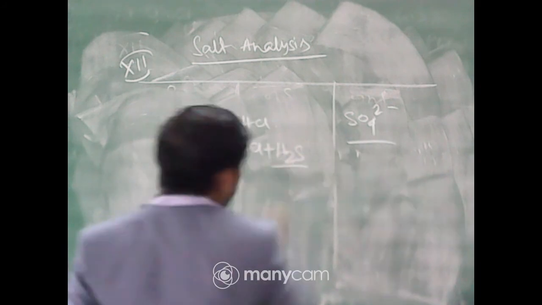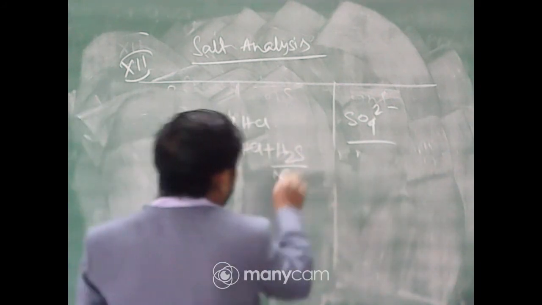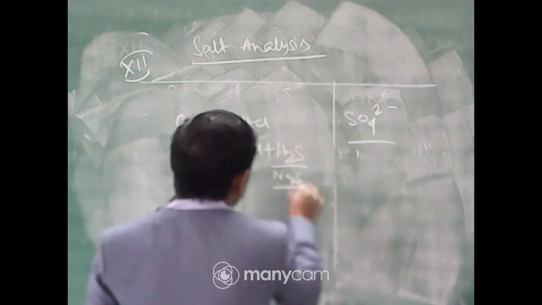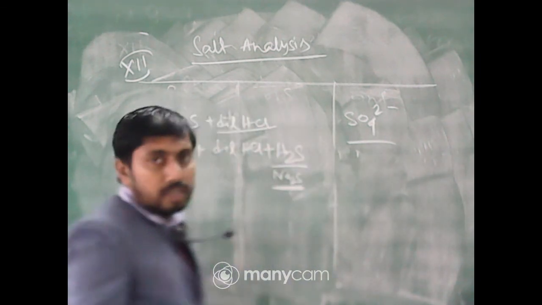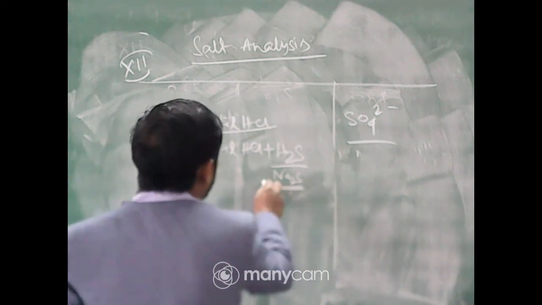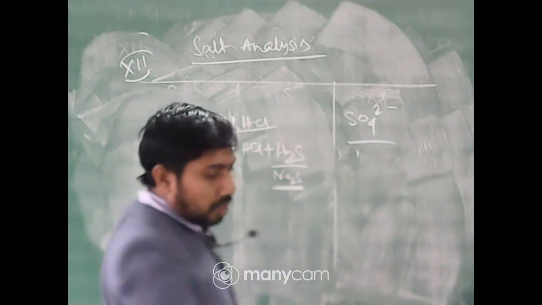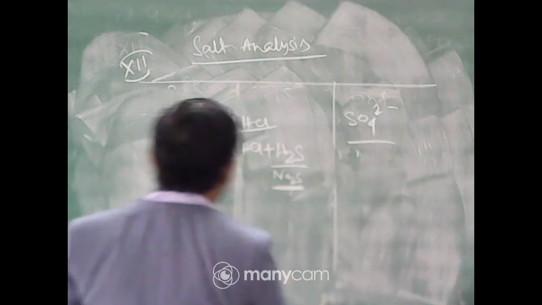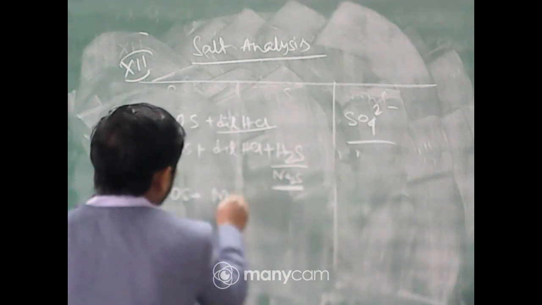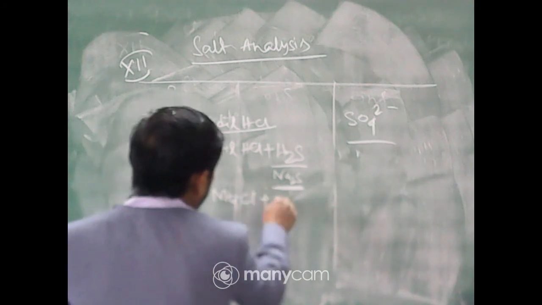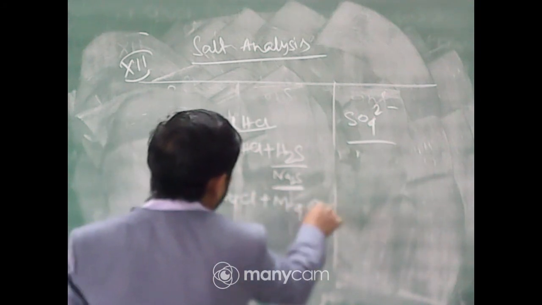In the absence of H2S gas, we add sulfide flakes, because as HCl is there, the sulfide flakes produce sulfide gas. If any group 2 is present, it will precipitate out. Then taking the original solution plus NH4Cl plus NH4OH, it is for group 3.